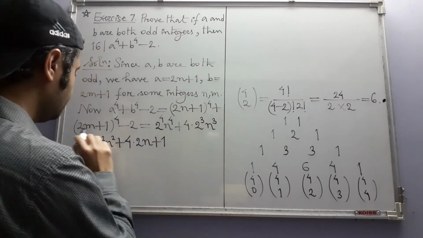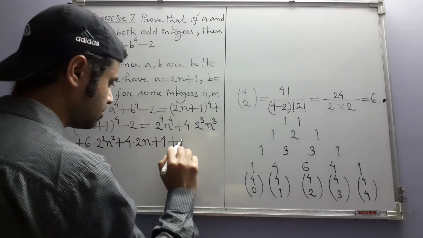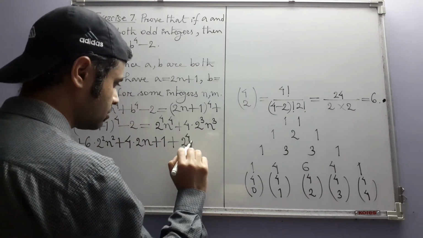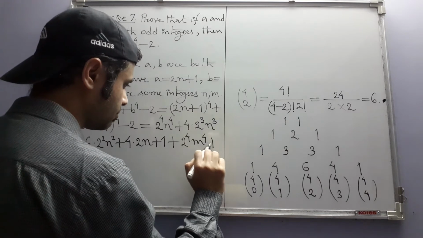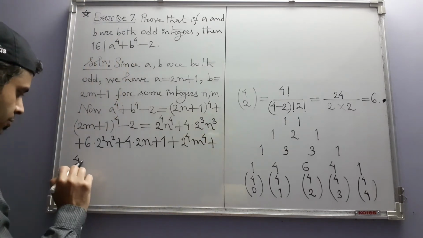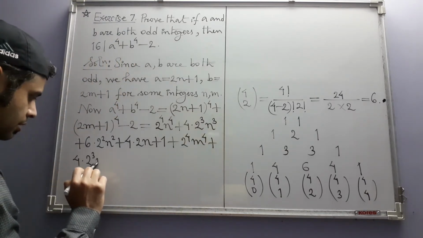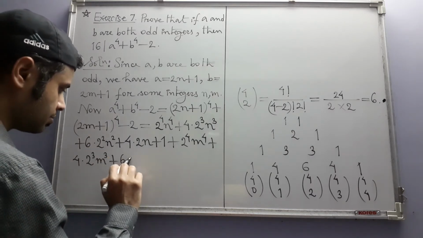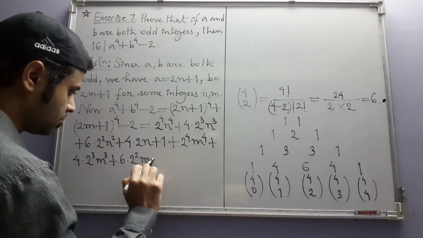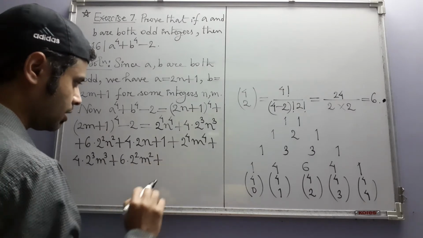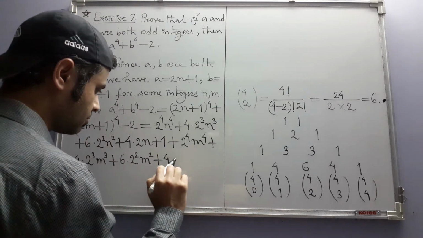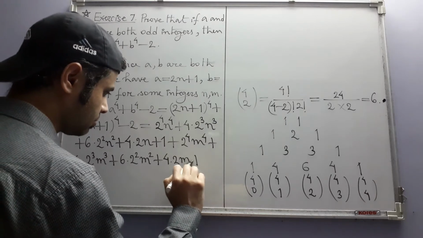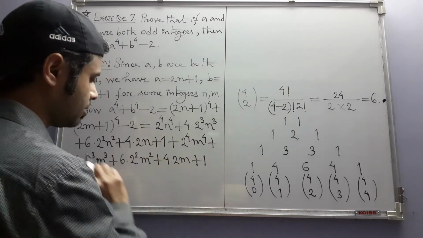Just like that we expand the second power also: 2 to the power 4 m to the power 4 plus 4 times 2 cube m cube plus 6 times 2 square m square plus 4 times 2m plus 1 and minus 2.